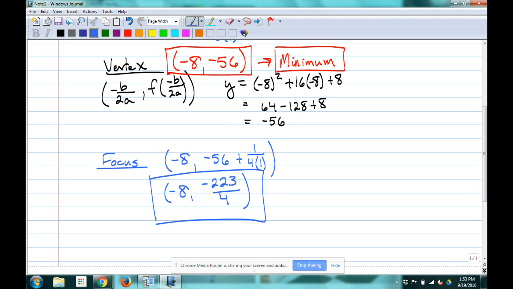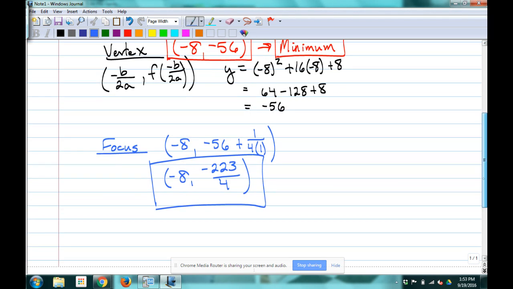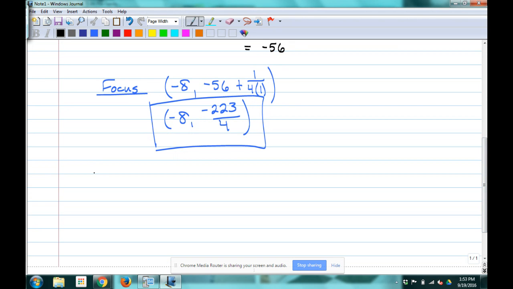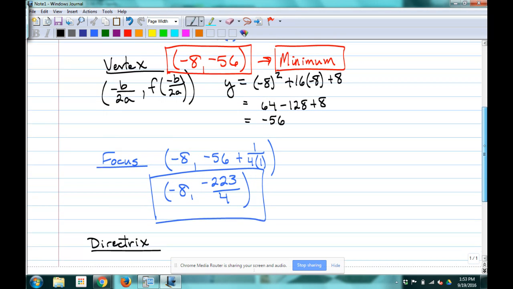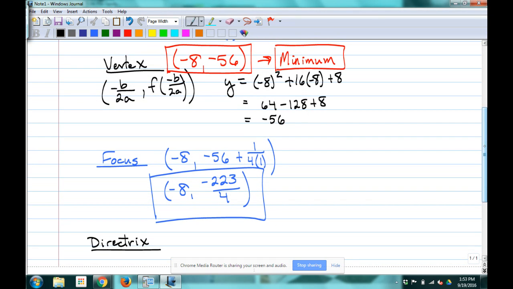Okay. Now, the directrix. D-I-R-E-C-T-R-I-X. Directrix. What that is, it's kind of like the focus but on the outside.